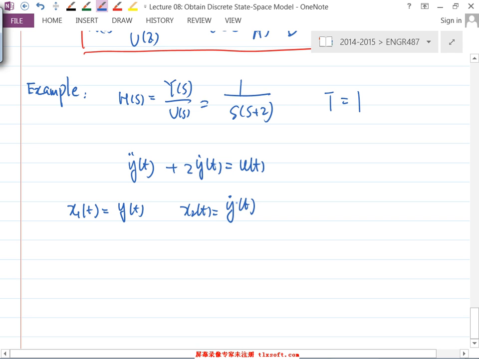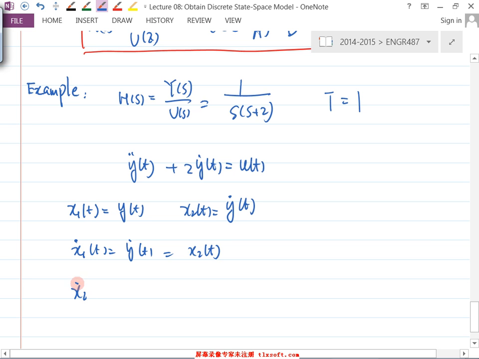Okay, I'll show you how to use the tools. The reason is when you do it manually, you have control as to what states you choose, and you know exactly this is position, this is velocity. Then what is x1 dot? It's y dot, right? And it's basically x2 of t.